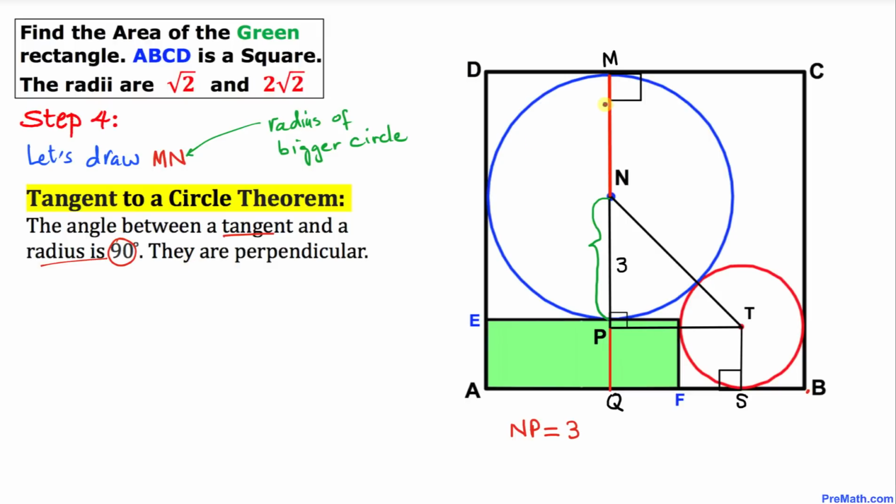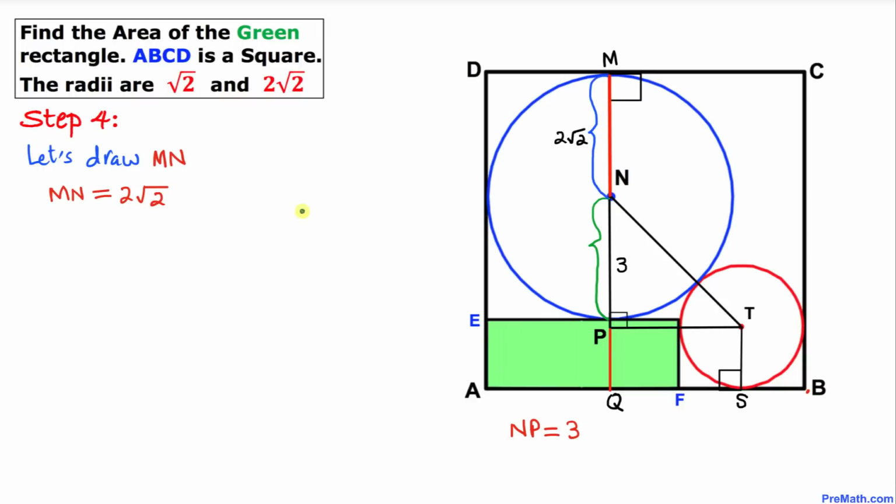As you can see, MN is a radius of this larger circle and DC is a tangent, so no wonder the angle between them is 90 degrees. We also know that the radius of this larger circle is 2 times square root of 2. Just keep that in mind.